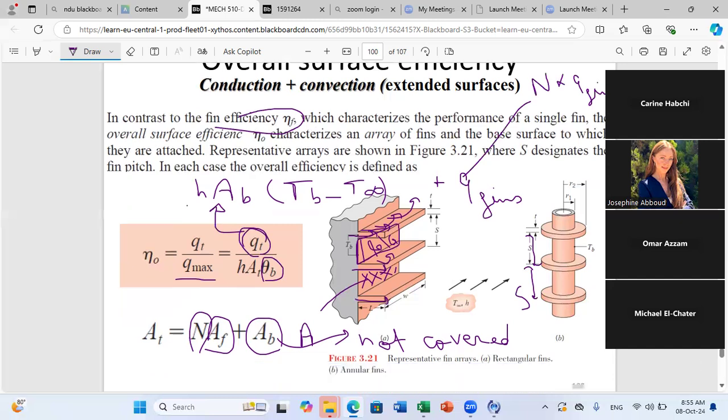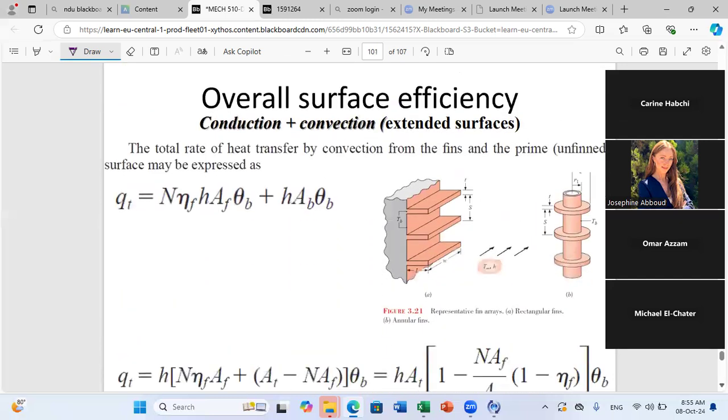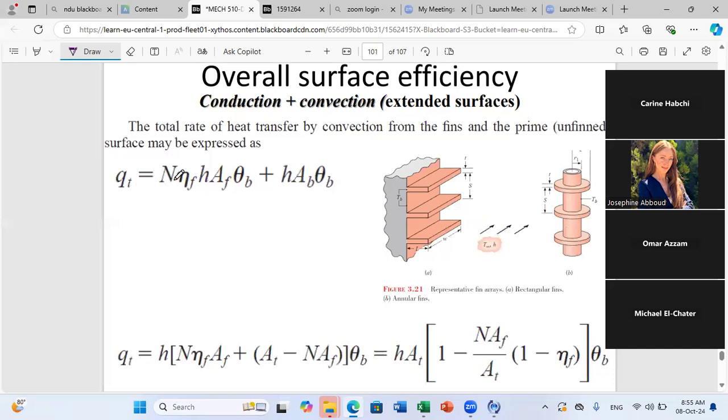So if we replace, we have n fins, and for each fin, the heat evacuated is the efficiency of the fin times h times A frontal times theta base, which is the maximum possible exchange for one fin, plus the loss through the area of the base that is not covered by fins.